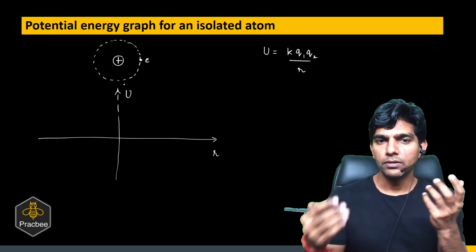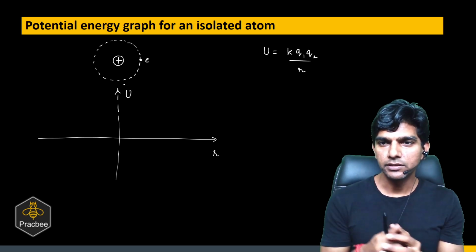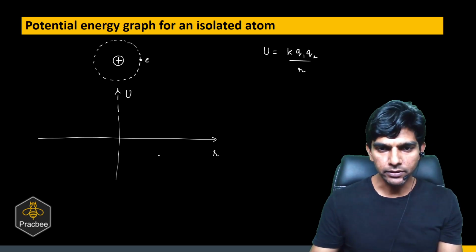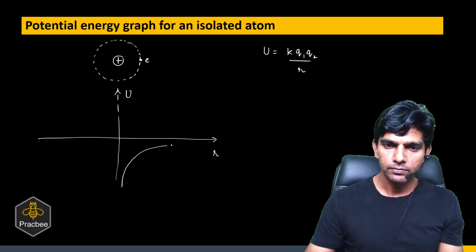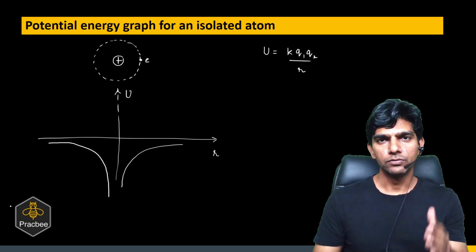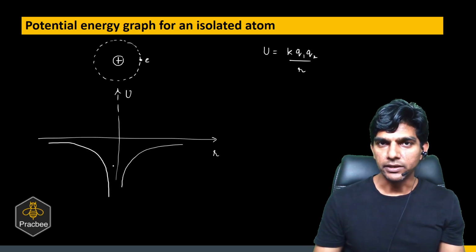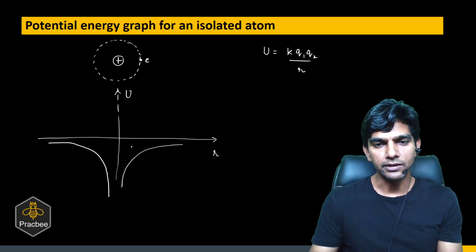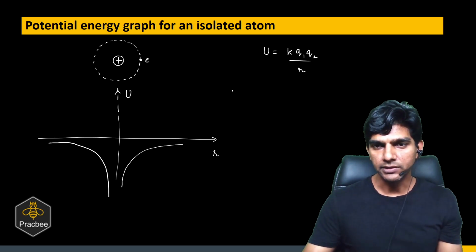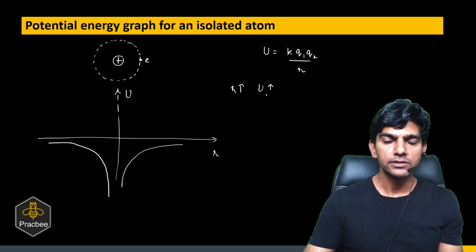Since the electron is a negatively charged particle, the potential energy will come out to be negative. If I plot the graph, it will look like this, on both sides of the nucleus, to the left and to the right. Can you see, as the distance of the electron from the nucleus increases, the energy also increases. So as R increases, U also increases.